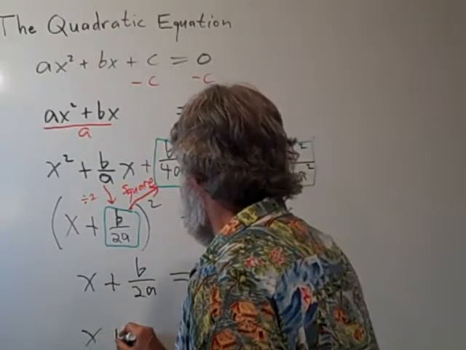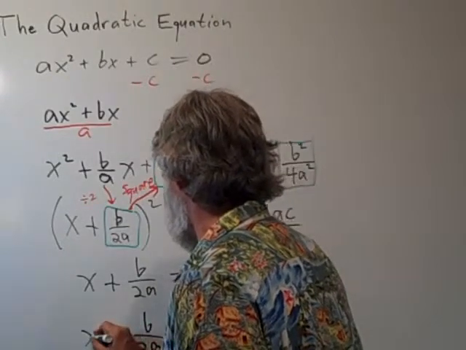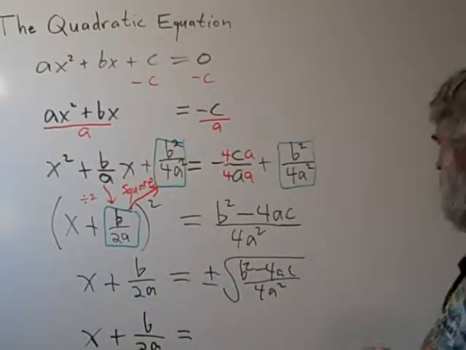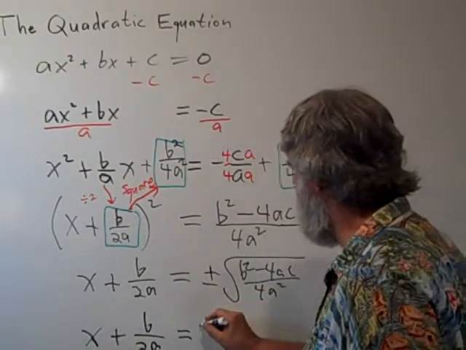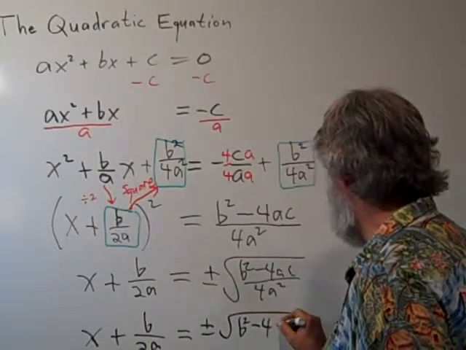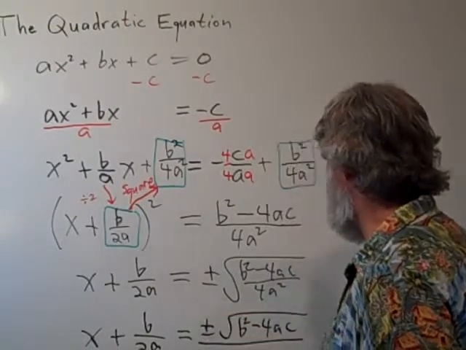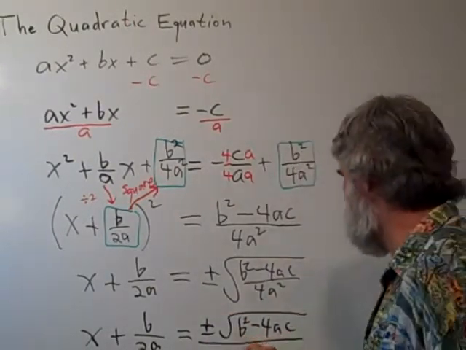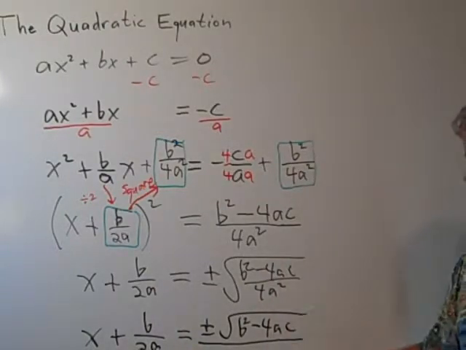And so we can take the square root of the numerator and divide by the square root of the denominator, and you have plus or minus the square root of b squared minus 4ac, all divided by the square root of the denominator. The denominator has square root 2a. That's where we use the assumption that a was positive, by the way, from way back.